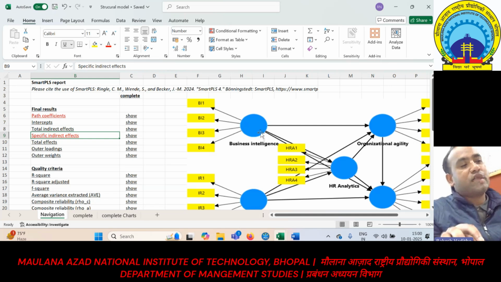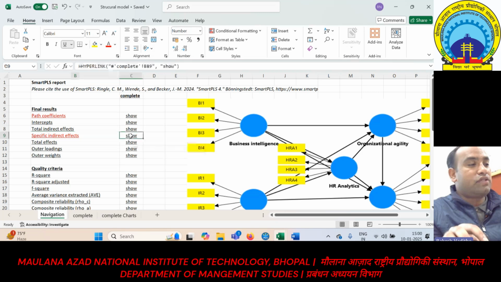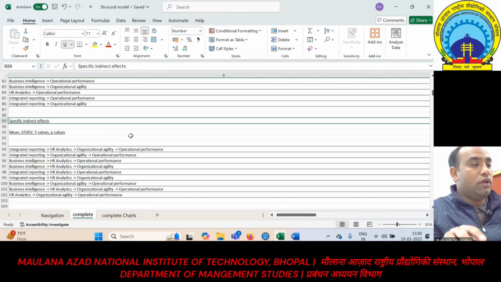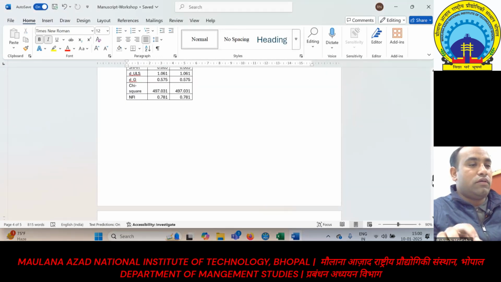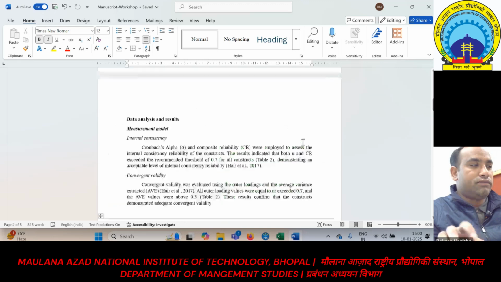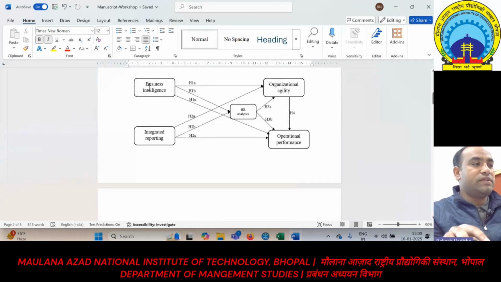Suppose I am considering business intelligence, with HR analytics as mediator between business intelligence and organizational agility. By clicking on the specific indirect show option, you have to see that specific only. Specific means business intelligence to HR analytics to organizational agility.